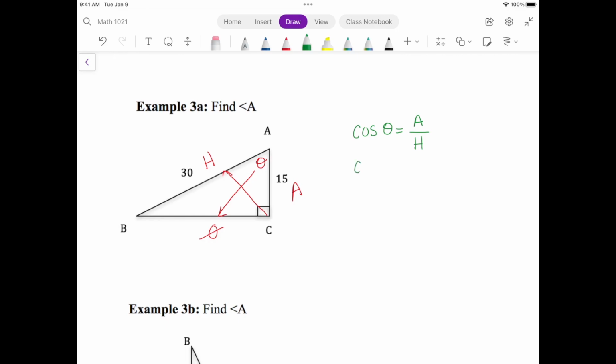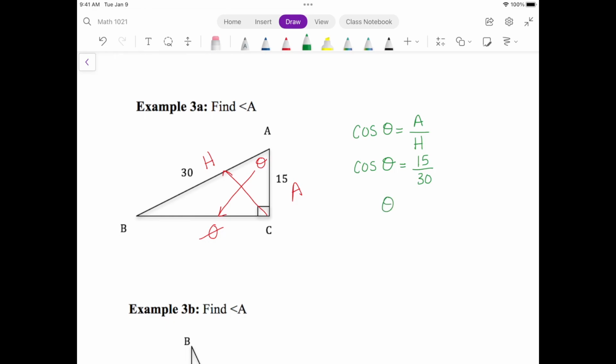So this time when I fill out the information, I'm still going to have my angle as the unknown. My adjacent is 15 and my hypotenuse is 30. So in order to figure out what theta is, what my angle is, I have to get rid of the cosine. And in order to do that, I'm going to do the inverse.